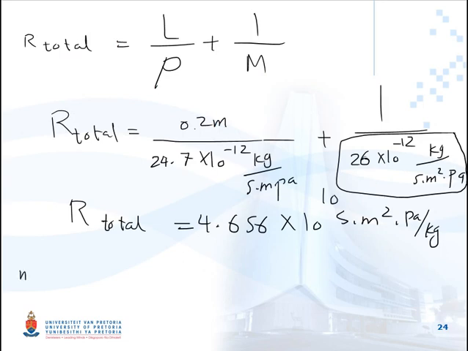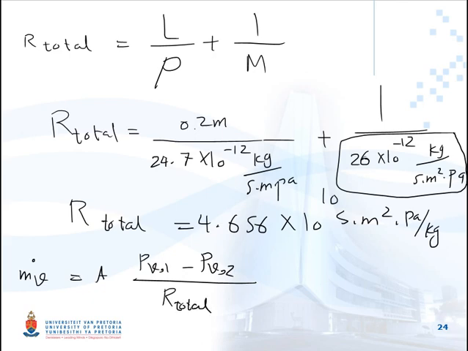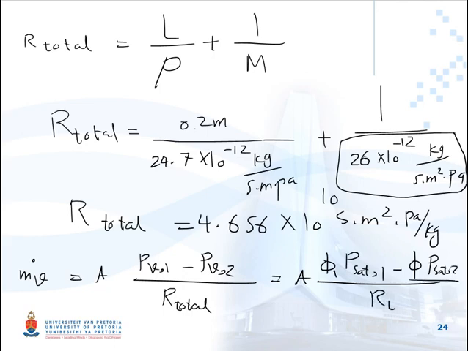Now m dot v, we know that it's equal to A times (P1 minus P2) divided by R total, and it will be equal to A times (phi1 P sat 1 minus phi2 P sat 2) divided by R total.